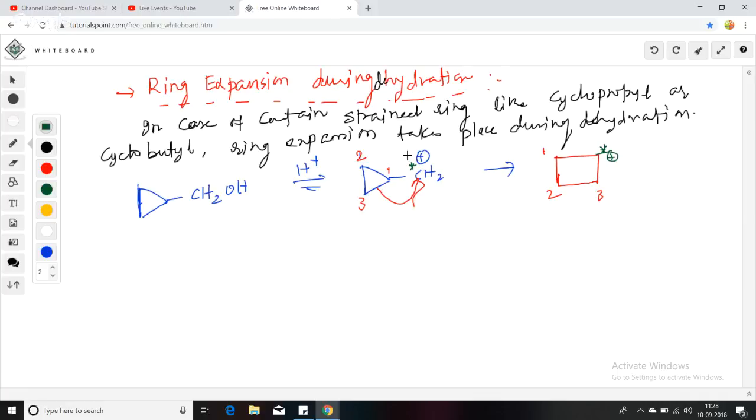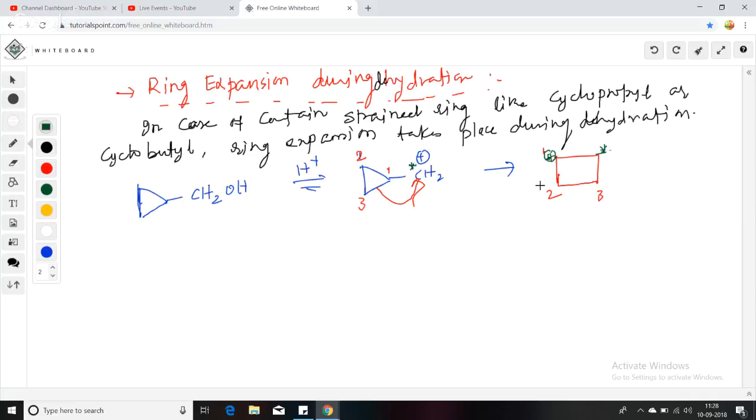Obviously, since the first carbon atom is losing its electron, we don't have positive charge on the star marked carbon atom, but we'll have positive charge on the first carbon atom. So I'll remove this positive sign from here, and the positive sign we'll have on the first carbon atom. So we'll have carbocation here.